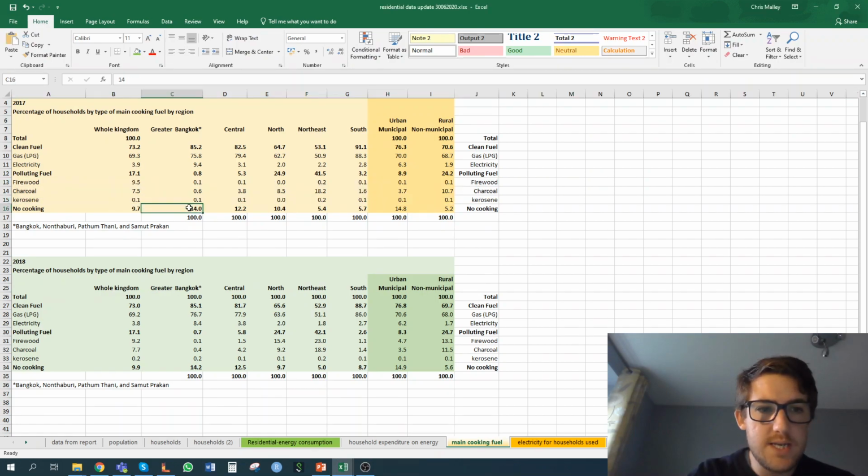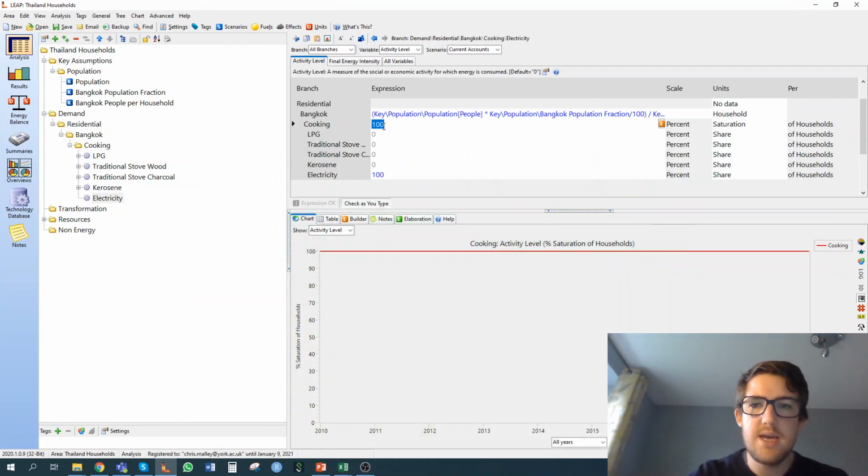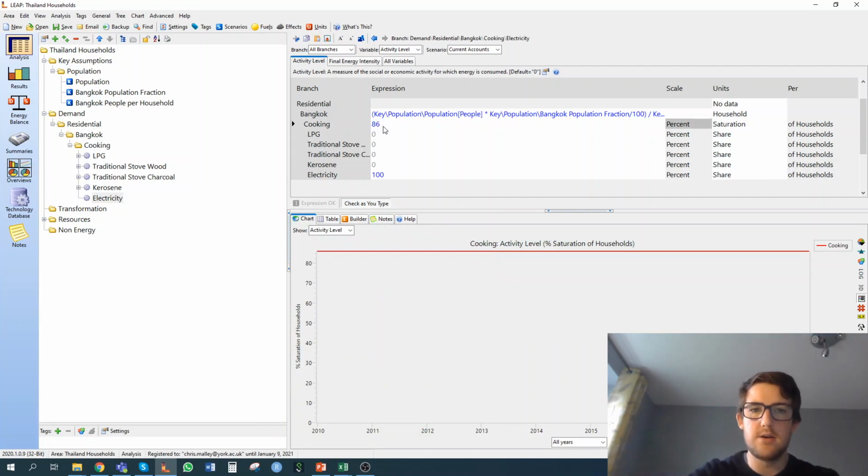So I've got 14% of households here who have no cooking. So the percent saturation of cooking is 86% in Bangkok.